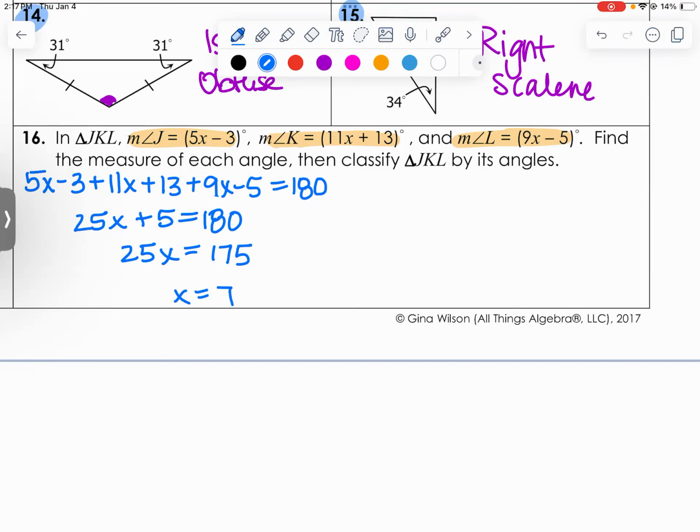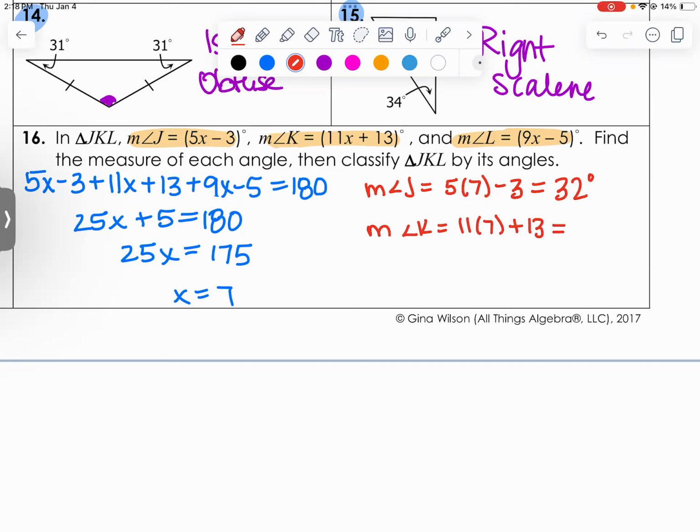So let's talk about the measure of angle J. The measure of angle J is 5X minus 3. Well, if X is 7, what does that make angle J? 32. Do you agree with Gabe? Please confirm. 5 times 7 minus 3 is 32. Okay, then we have the measure of angle K. The measure of angle K is 11X plus 13.